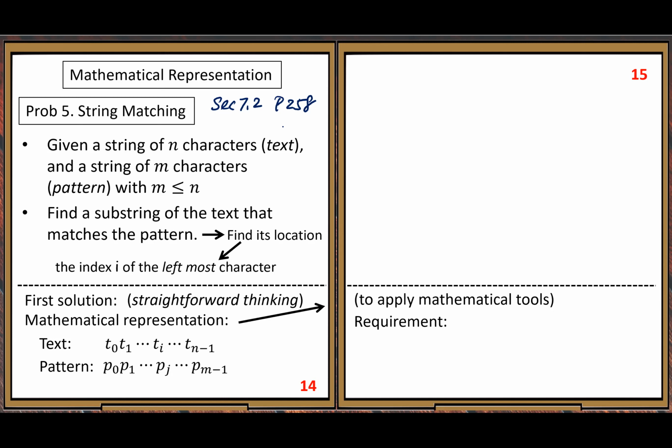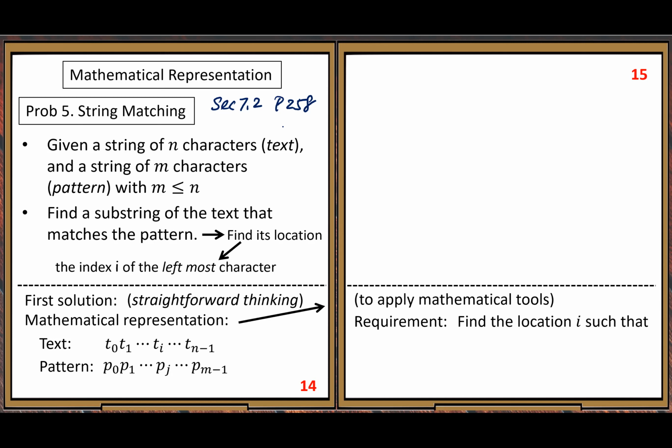All right, so the requirements. Now we want to represent a matching situation. How do you find a match? We need to describe the state when we find a match.